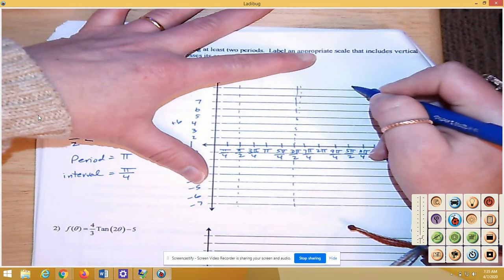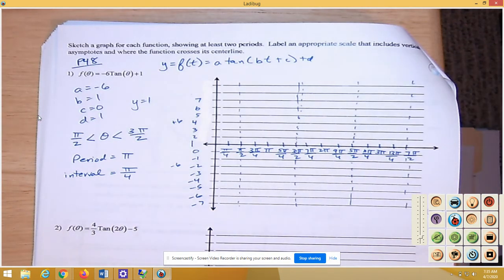Okay, all right, and then at the halfway point between your vertical asymptotes, your graph will always cross at the midline. So I have the point here at pi. I have a point here at 2 pi, and I have a point here at 3 pi.